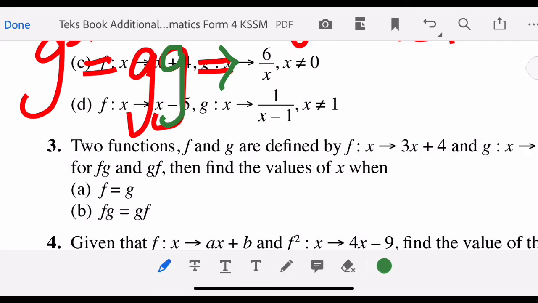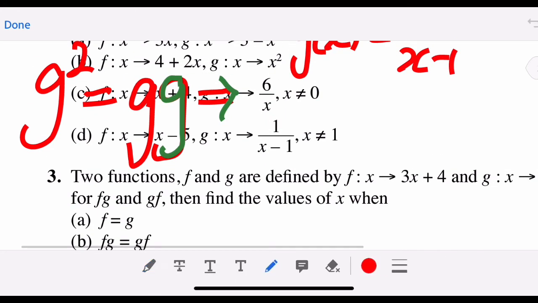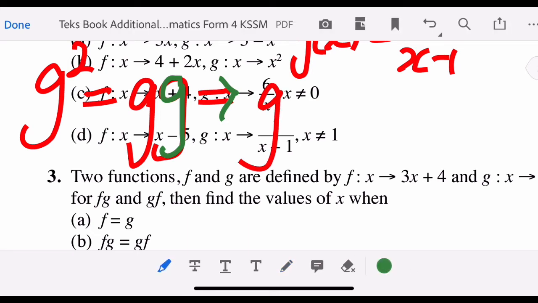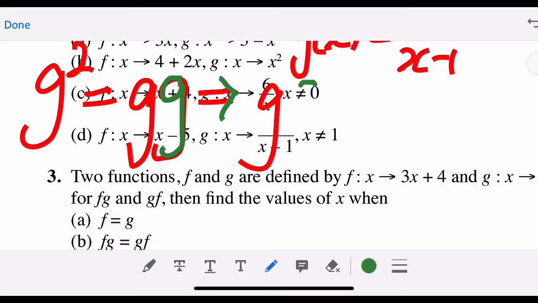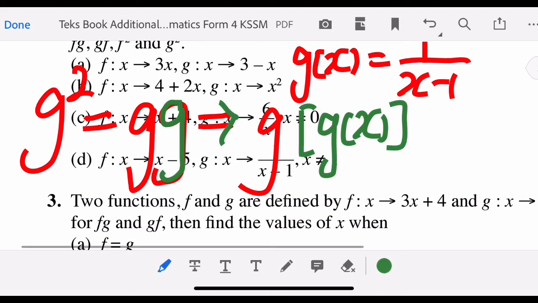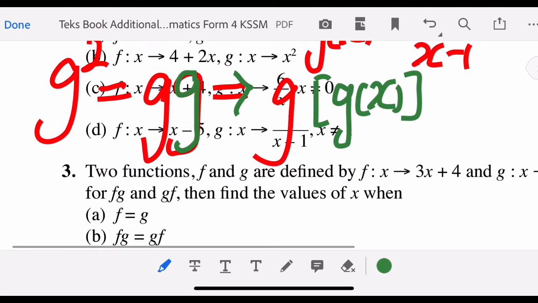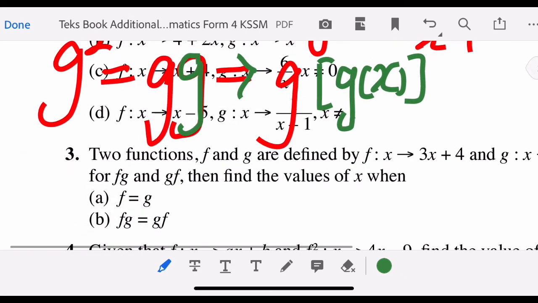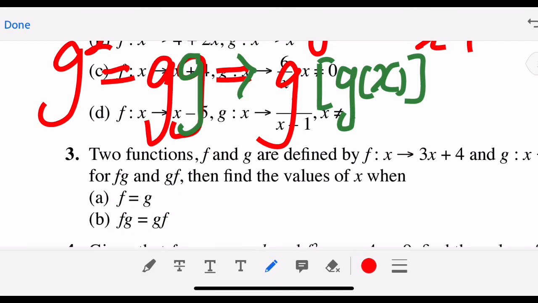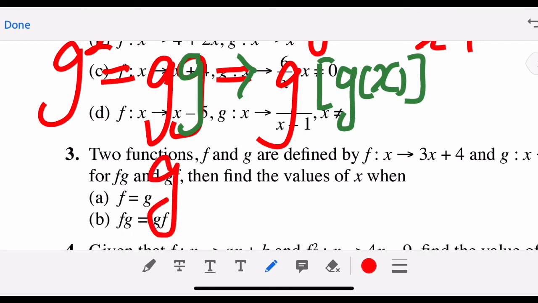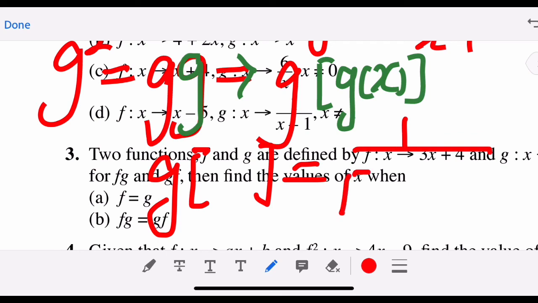So I'm going to write the g, and I'm going to change the object to gx. Okay, that is the meaning. So you have to start from the gx. Let's copy down the function g. We have given gx equal to 1 over x minus 1, right?